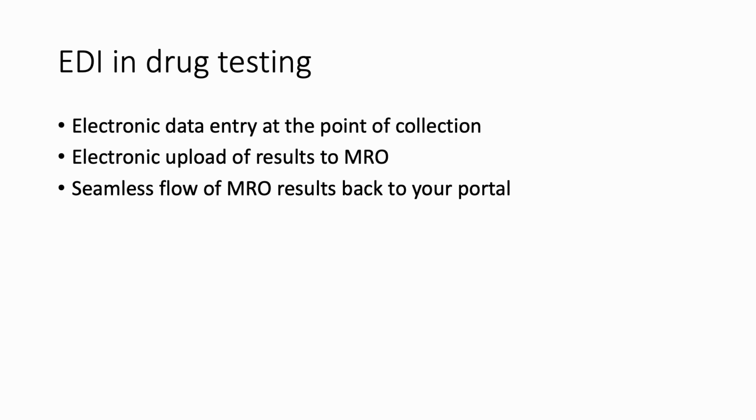The results then are generated by the lab and automatically uploaded into the file that contains the original chain of custody, and this packet of information is then forwarded on to a medical review officer to review, and then forwarded on to the third-party administrator or the employer without having to re-enter the data any further. So instead of 3 to 5 manual entries of information, there's generally just one.